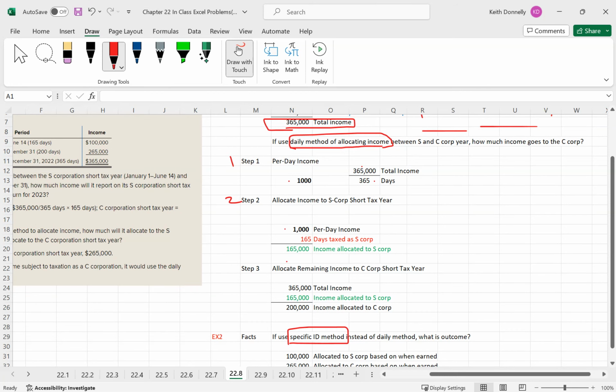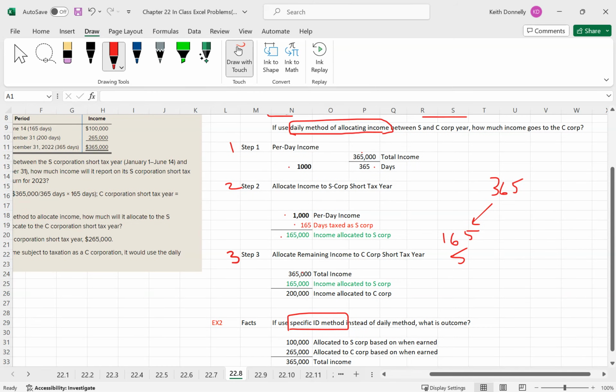If we made $1,000 a day and for 165 days we were taxed as an S Corp, then of that 365, 165 is going to go to the short year when we were an S Corp. Step 3 says whatever's left over, 365 minus the 165, the remaining 200, is going to go to the C Corp year. That's using the daily method of allocating income.